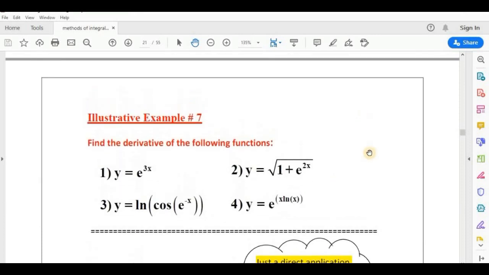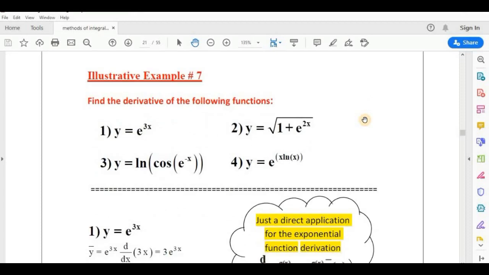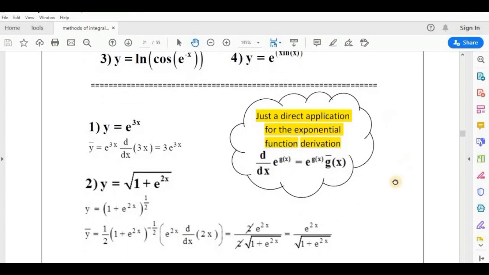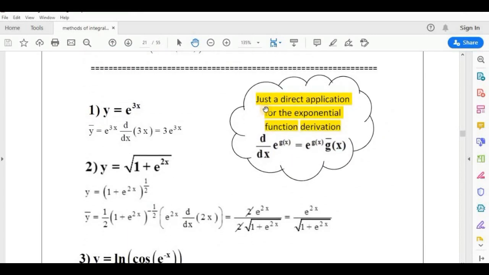Let's see some examples. Find the derivative of the following function. We have this function. Let's see how we will find the derivative. The solution will be a direct application of the exponential function derivative.